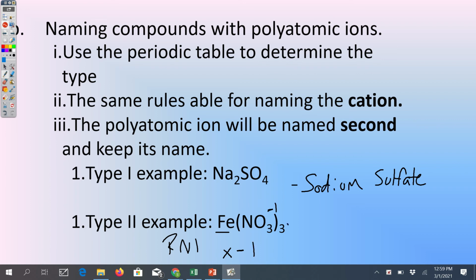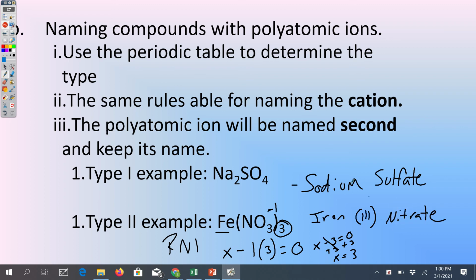So -1 times, there are 3 of these. Remember, we set this equal to 0, so x minus 3 equals 0. So add 3, x equals 3. All right, so Fe is iron, charge is 3, and NO3 is nitrate.